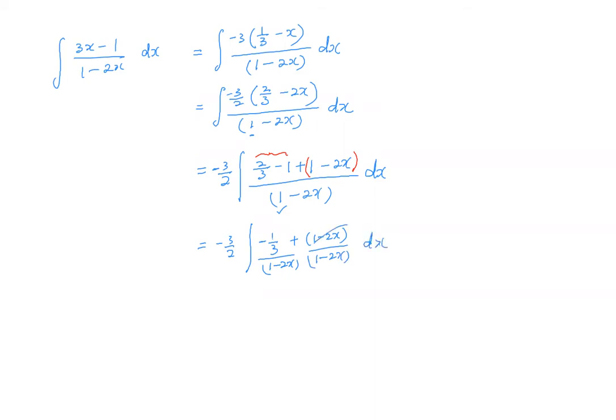So I can cancel all this. This one becomes 1. So I got -3/2 integrate -1/3 into 1 minus 2x plus 1 dx. Then you can continue to integrate. So I think if you don't know how to change, it's better to use the substitution method.